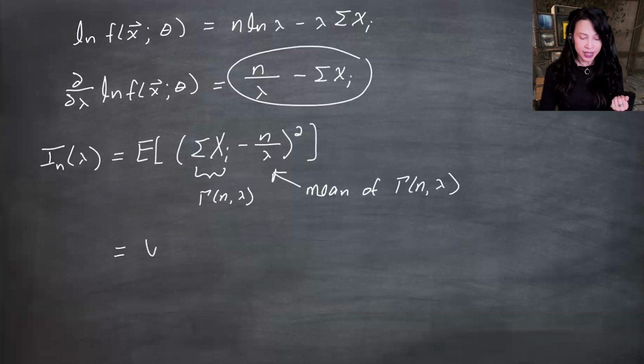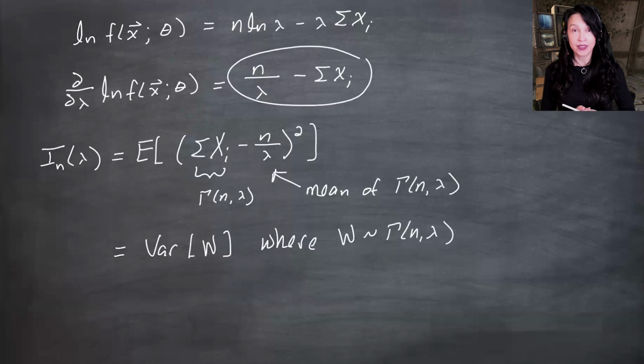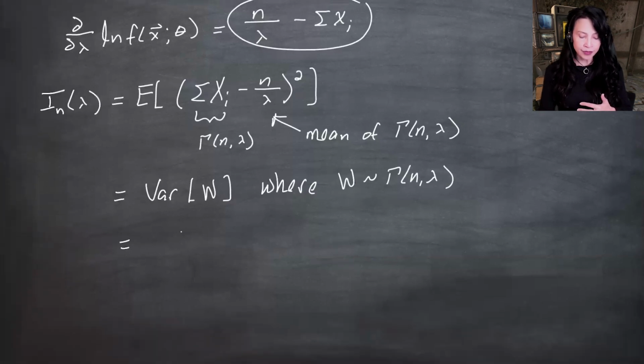This is the variance of a random variable W, where W has the gamma(n, lambda) distribution. And so if you recall or go to your table, the variance for our gamma distribution is alpha over beta squared, but in our case, alpha is n and beta is lambda. So this is the n-dimensional Fisher information.